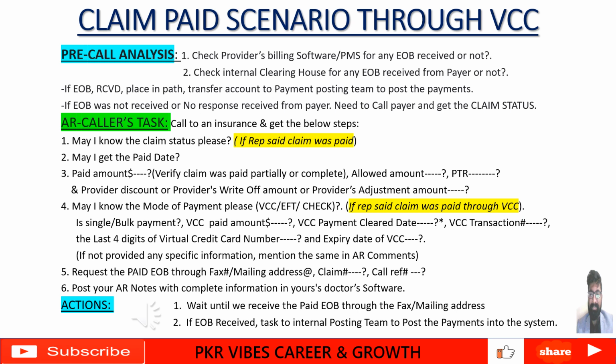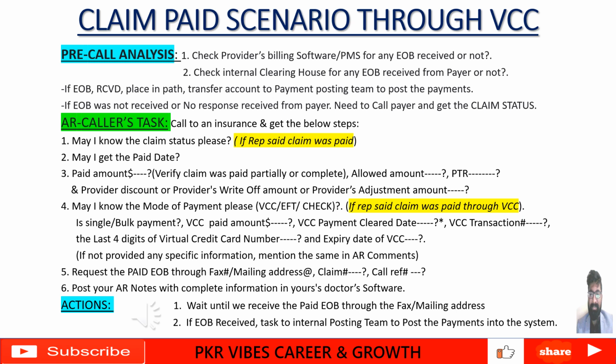And now we will discuss the final action for the claim paid scenario through virtual credit card. The first action for this scenario is, for example, you requested EOB, right? Wait until we receive the paid EOB through fax or mailing address.